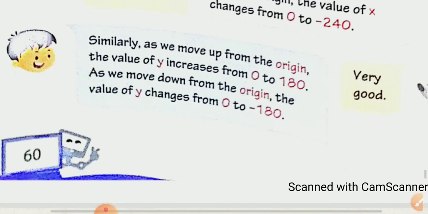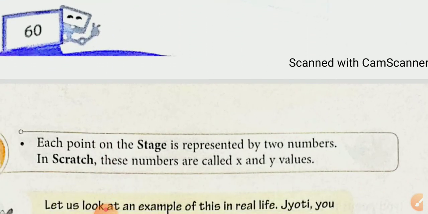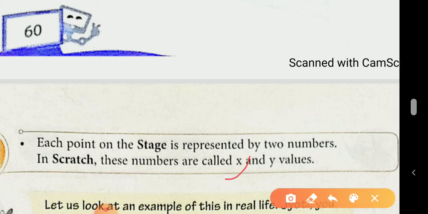Very good. Each point on this stage is represented by two numbers. One is called the x value and the other is called the y value.